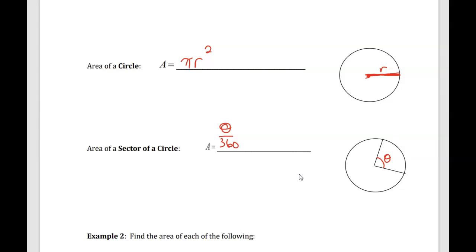Well, however much of the circle it is means however much of the entire area it is. So we're going to take theta divided by 360 and multiply that by the entire area of the circle. So this is like having a fraction of the circle, what proportion, what percentage of the circle it is, and then multiplying it by the area of the circle. So I want you to try to find some of the areas now.